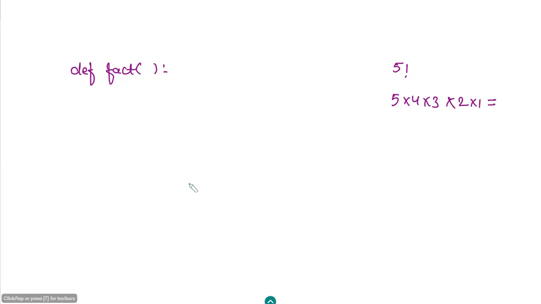We have to create the base case while creating the recursive calling, right? So here you will create a base case. Suppose the user enters an integer number. The number can be anything.